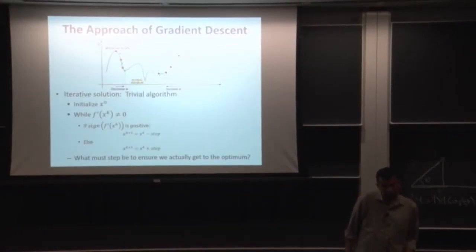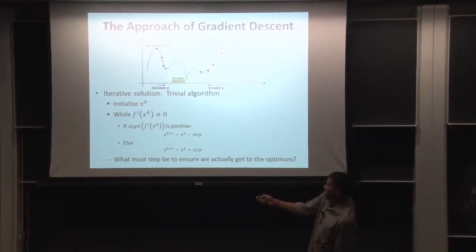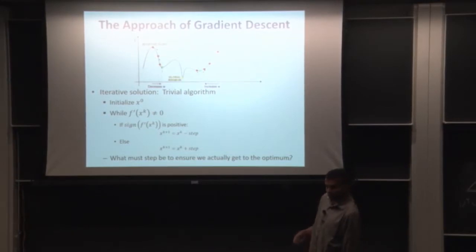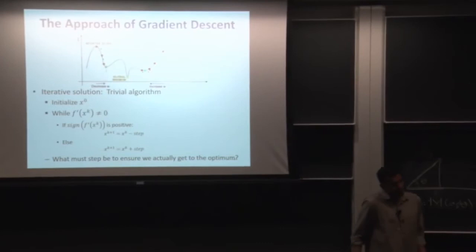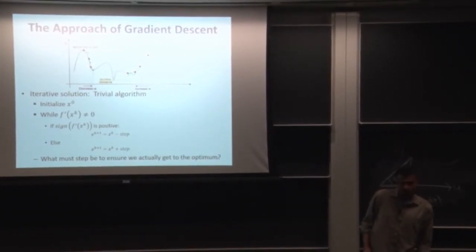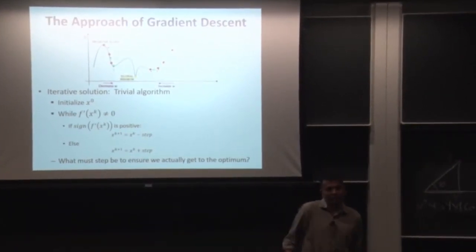Okay. So here is a trivial algorithm. I could start off with some x0, check the derivative, and while it's not 0, proceed. If you start off at a point where the derivative is 0, you're screwed, because you can't really know whether you're minimizing the function or maximizing the function. So where you really want to start off is where the derivative is not already 0.